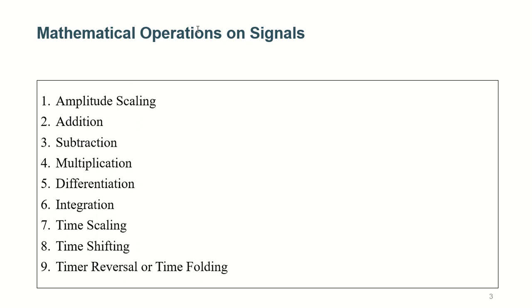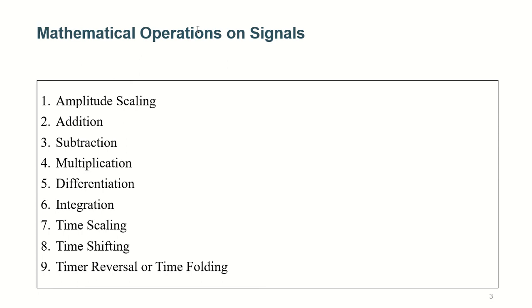Please keep in mind, I'm talking about amplitude scaling, I'm not talking about time scaling. The properties which are related to time will be covered most probably in the next lecture. Firstly, we are going to discuss the operations on the dependent variable only, and that includes amplitude scaling, addition, subtraction, etc.